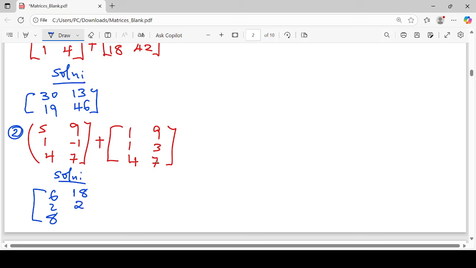Then 7 plus 7 will give you 14. And this will be your answer. As simple as that, learners. You can see how simple these concepts are. Nothing, absolutely nothing is difficult here, learners.